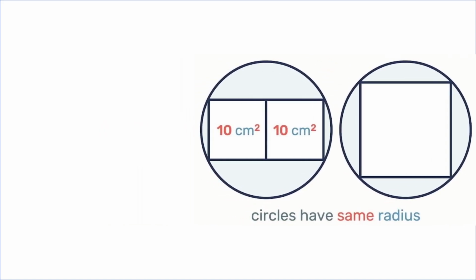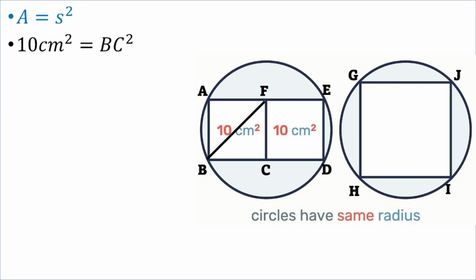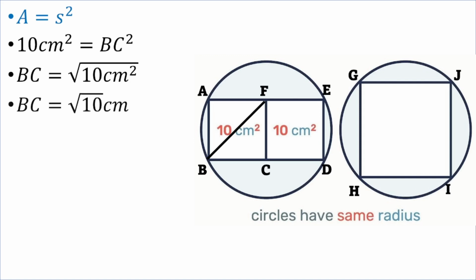So first, let's begin by labeling some vertices from A all the way to H, J, K. Next, we know that the area of a square is given by side squared. And so, if we know that the area is 10 square centimeters, then we can find the side length, let's say BC, by finding the square root of this 10 square centimeters, which gives us that BC is root 10 centimeters.